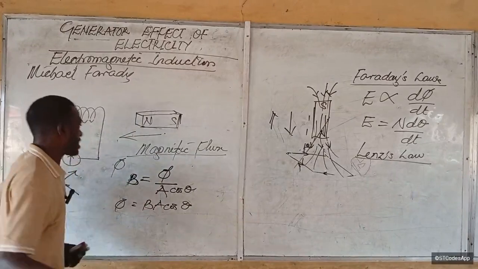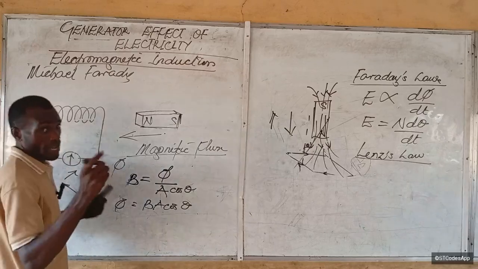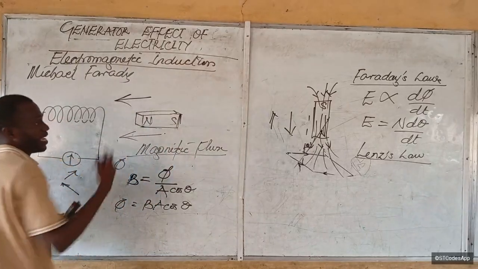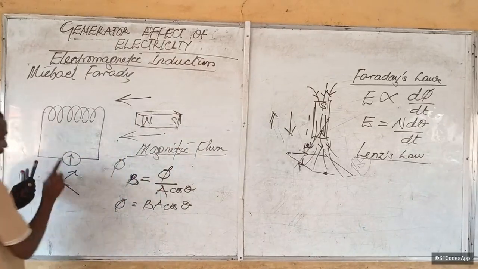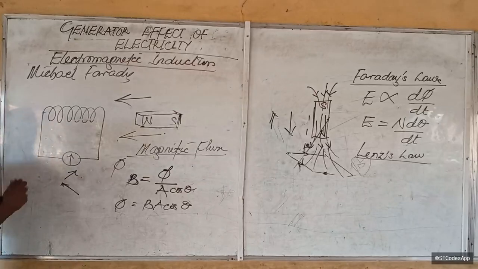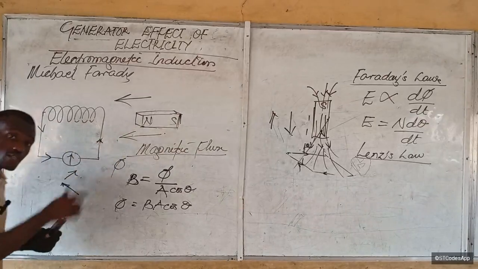Since EMF is generated, current will be generated. So follow me. What Lenz is saying is that the moment this north pole flows through here, the current, I said this will deflect in this way. It means that current is flowing in this direction, isn't it?